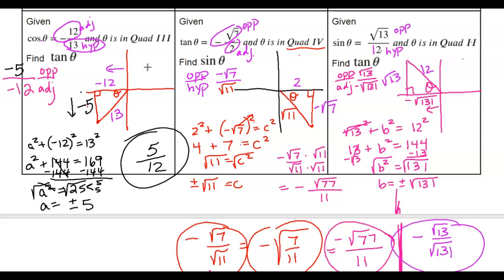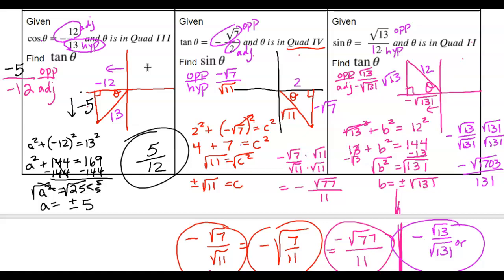They'll also write it as one fraction, or let's say they rationalized it. So let's go ahead and rationalize. I've got root 13 over root 131. Now, 13 and 131, those are both prime, so I can't break them down, so I'm just going to have to multiply them back together, and it is going to be really big. I got 1703, so negative root 1703 all over 131.